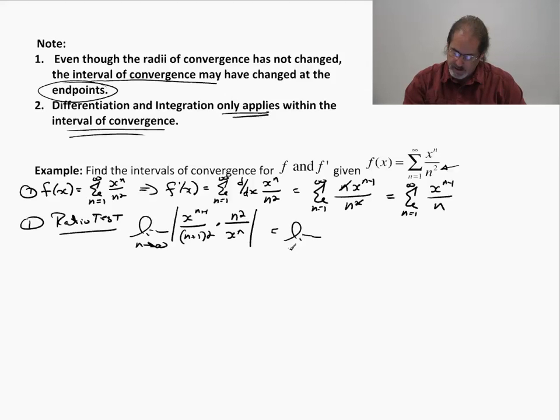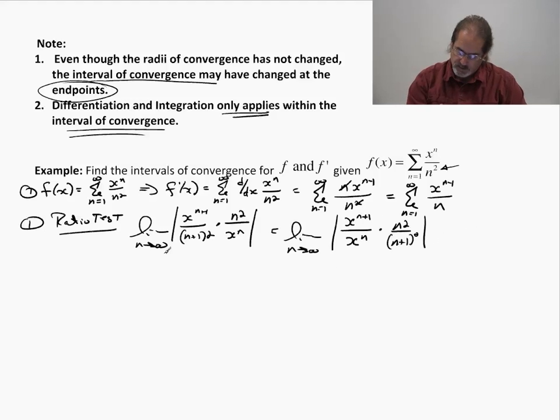which equals a limit as n goes to infinity. I'm going to rearrange these once again just so that it might be easier to see what's going on. N squared over n plus 1 squared, which equals the limit as n goes to infinity of, the n cancels, I'm going to have x times n over n plus 1 all squared.